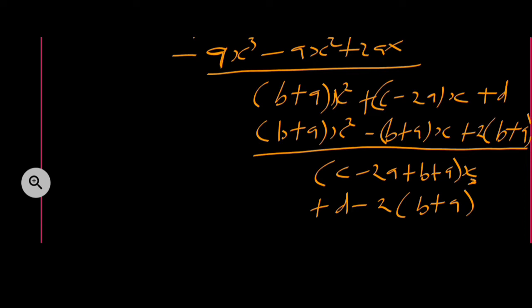Now this x is multiplying everything inside the bracket, and you can also see that our remainder is a linear expression because the highest power of x is 1.